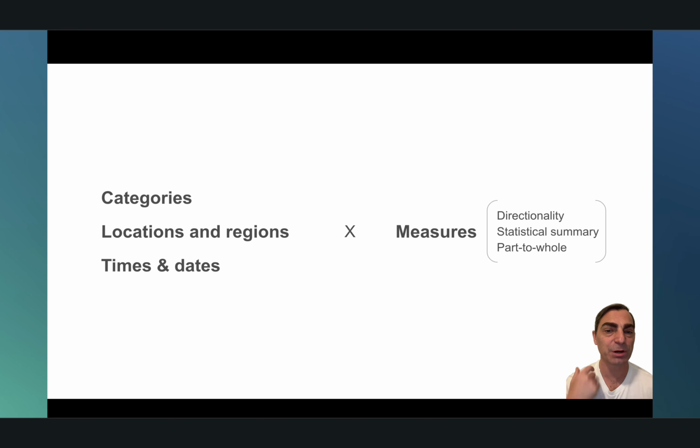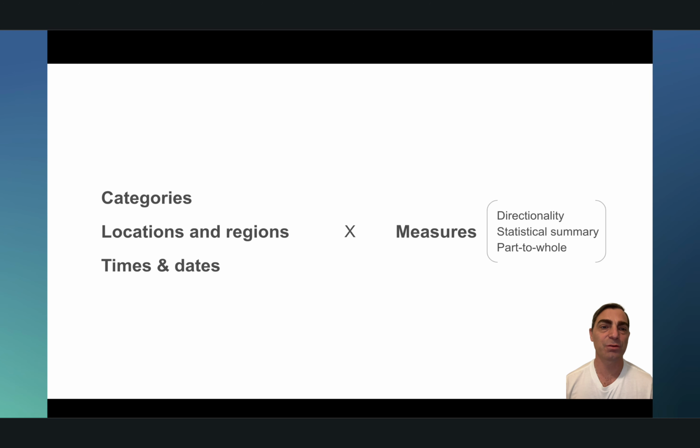So one simple model that I like to present when I talk about this is that there's a set of fundamental combinations that covers a pretty large set of data questions and effectively the corresponding visual representations that we use in data visualization.